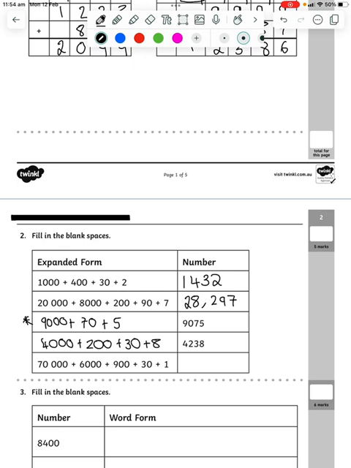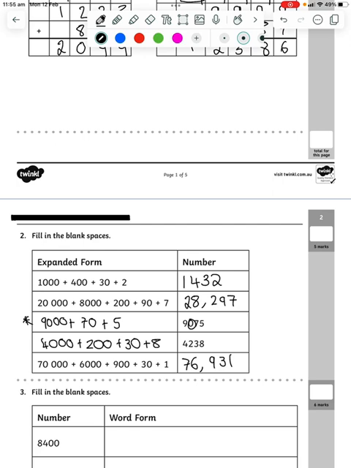So you don't want to just go 975 because the answer isn't 975. So because we've got no hundreds, that's why that zero's in there, but we don't need to write it in the expanded form. Our last one is 70,000 plus 6,000 plus 900 plus 30 plus 1. So it's going to become 76,931.